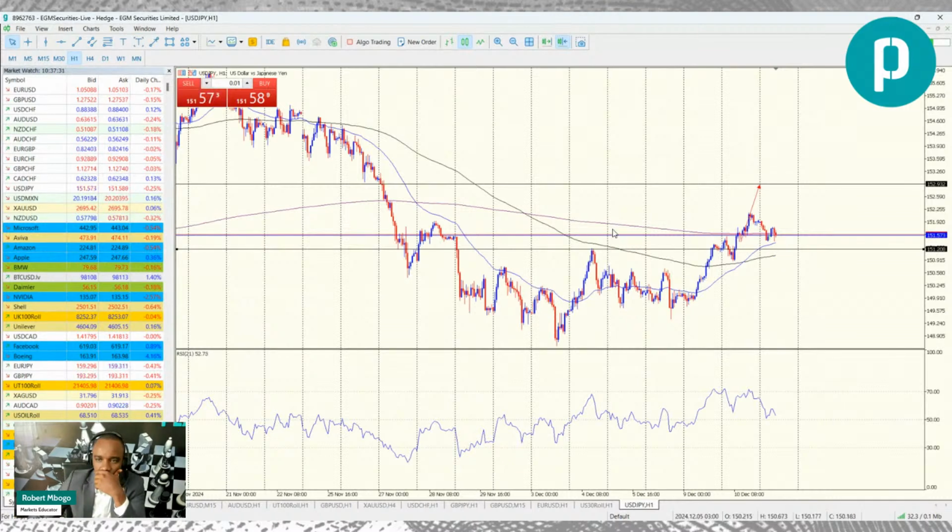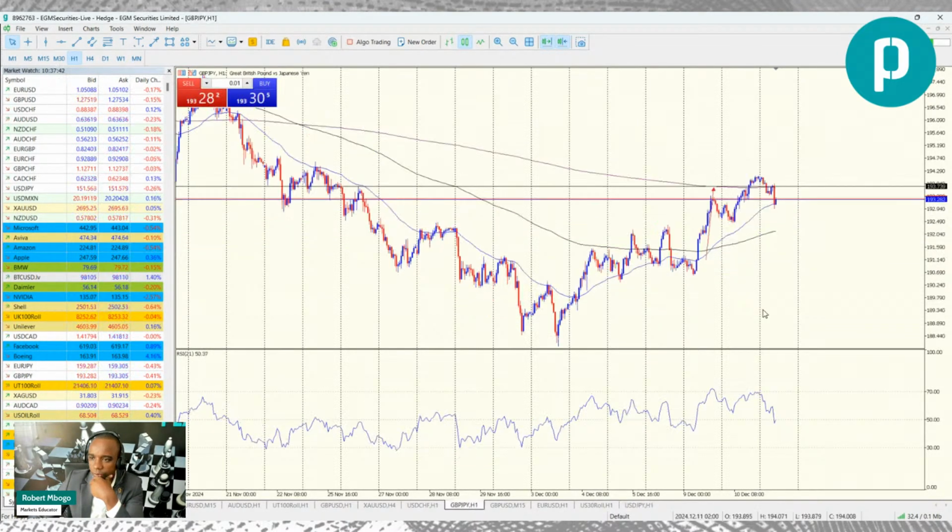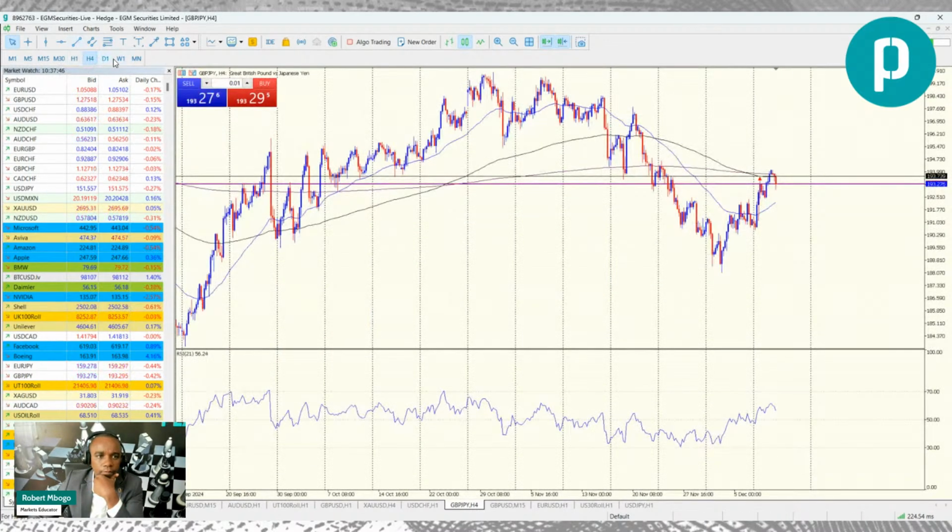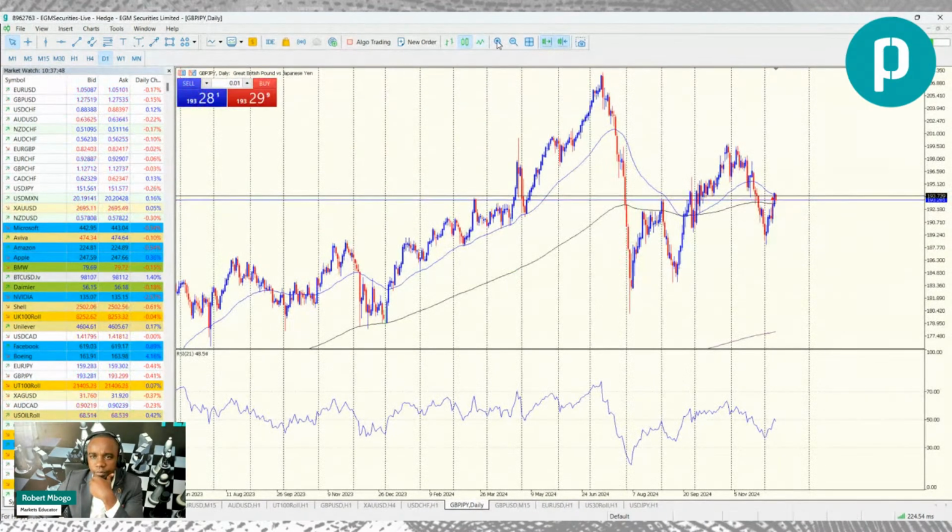So if I'm bullish on USD JPY, that's because of a weak yen, right? Then I'm also looking at the same playing out on GJ. So if I were to look at GJ, let's go to the daily.